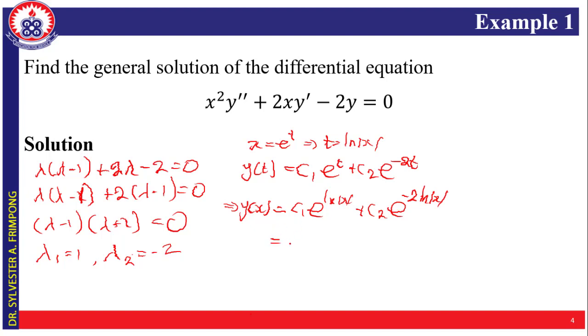And by the law of indices, this second part will be e raised to the power ln of x raised to the power negative 2. We know e and ln will cancel, therefore you have c1 x plus c2 x raised to the power negative 2. And that is the general solution for this.